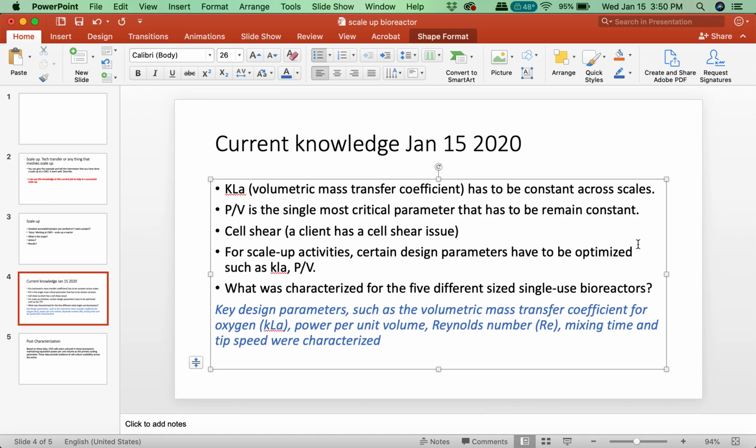And then you can talk about how for scale up activities, certain design parameters have to be optimized for a successful scale up.